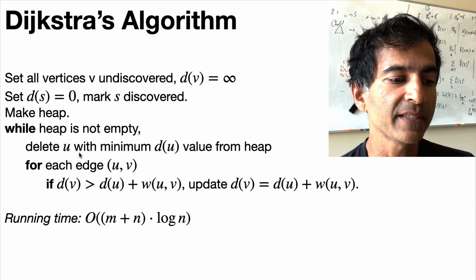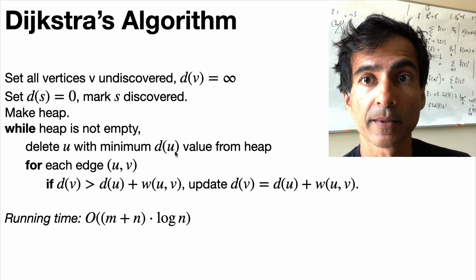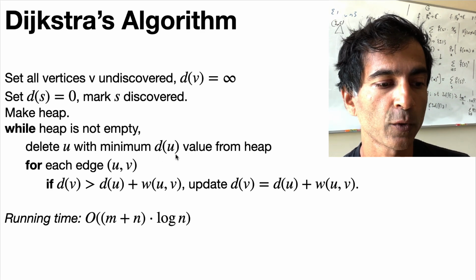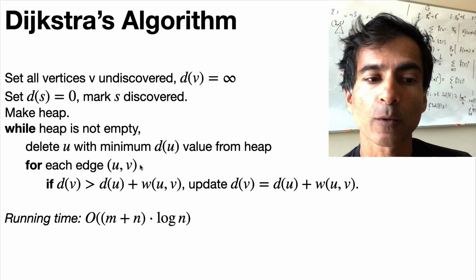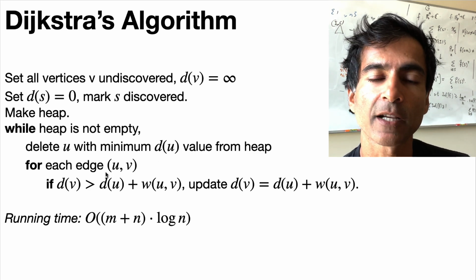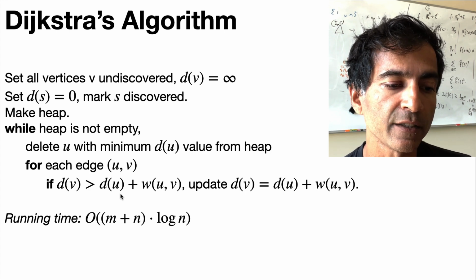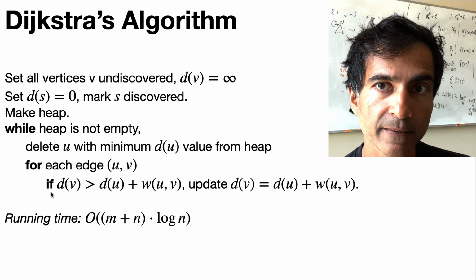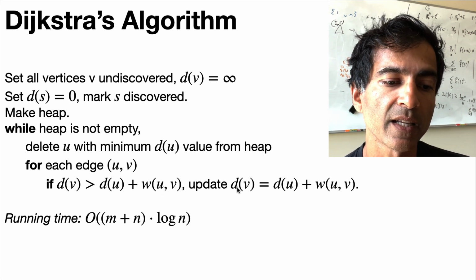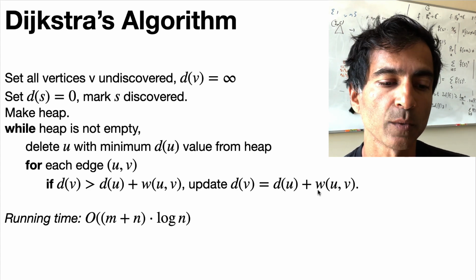And while the heap is not empty, we first delete the vertex at the top of the heap, the one with the minimum d value at this point. And then we explore all of the edges coming out of that vertex. And for each edge coming out of that vertex, if d_v is bigger than d_u plus the distance from u to v, this means we found a shorter path to v. Okay, so then we update d_v to be equal to d_u plus the weight of the edge from u to v.